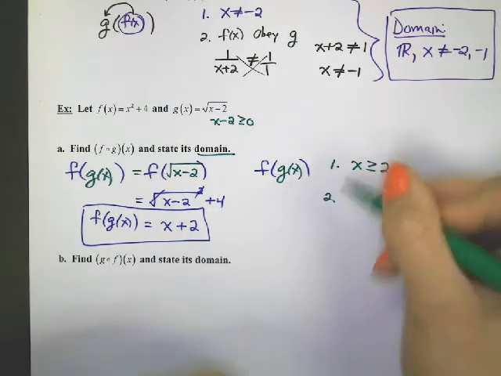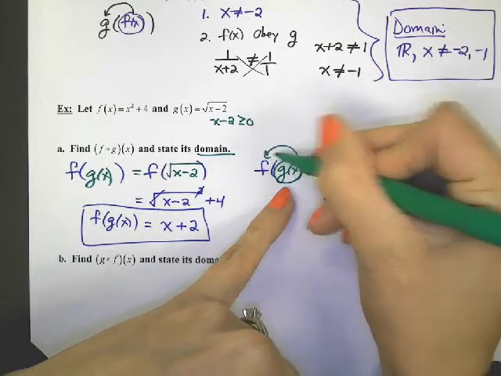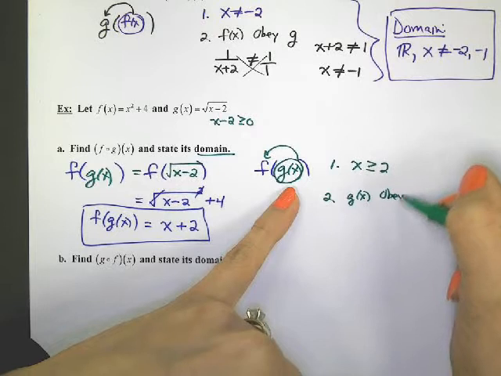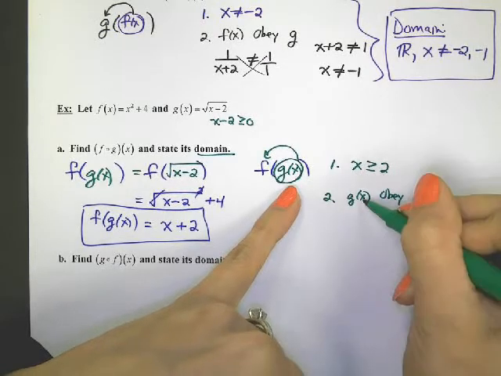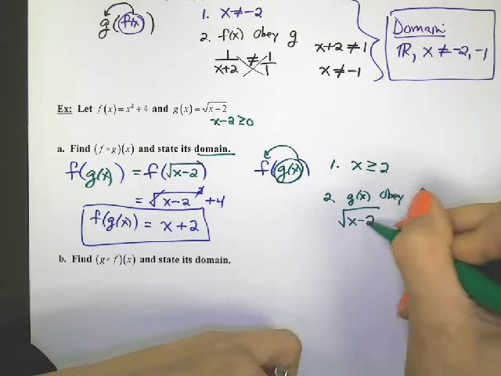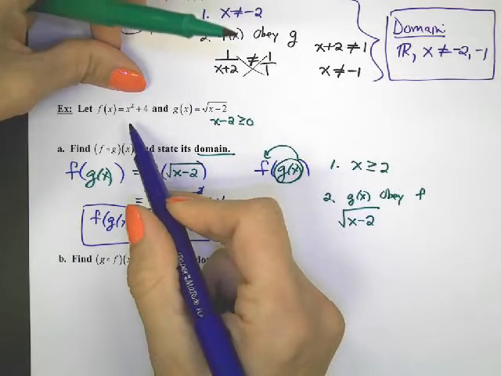All right, step 2. The g of x function is going to go into f. So g of x must obey f. So let's write down the g of x function. Square root of x minus 2. Does f have any restrictions?